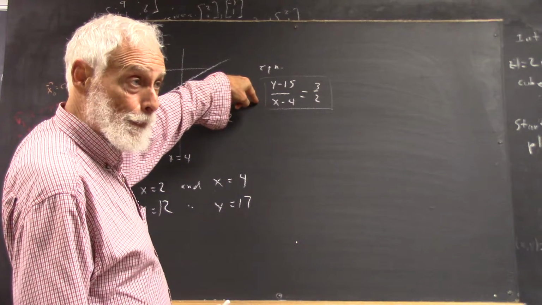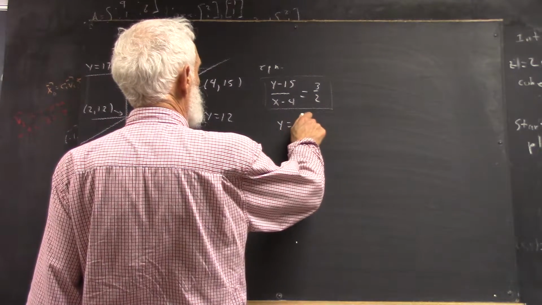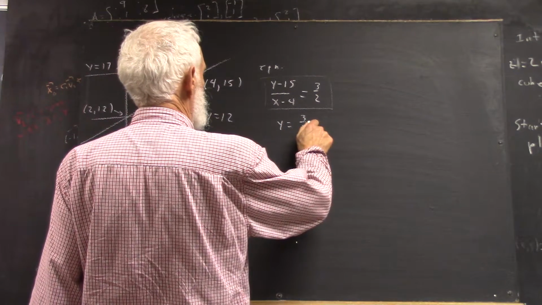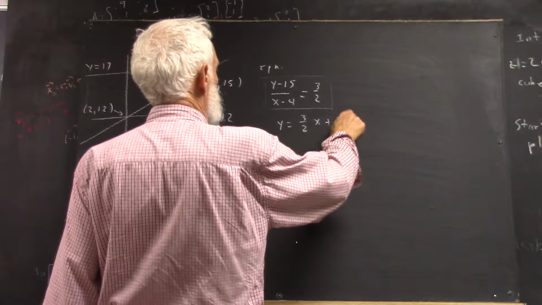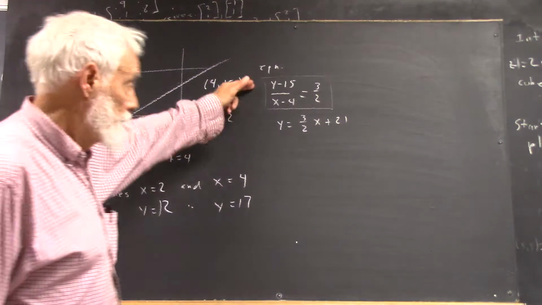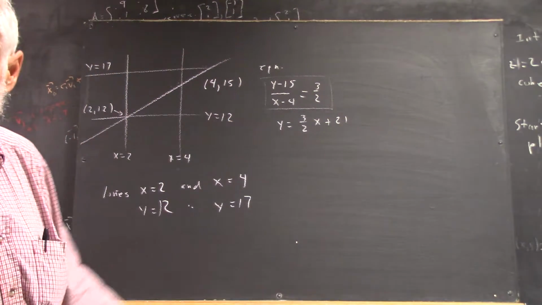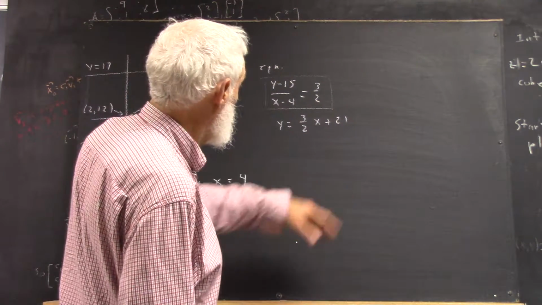Got it? Now we can solve this for y. We get y equals 3/2 and then we're going to have 6 and 15 x plus 21, I believe. Again, I'm not going to do the algebra, I've done it many times. So make sure you know how to do the algebra.